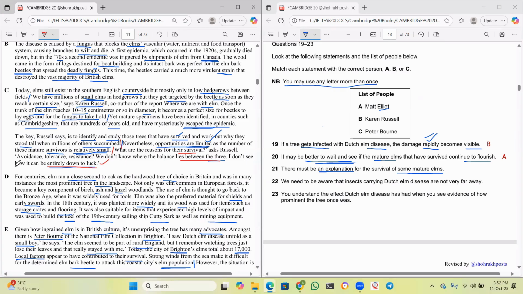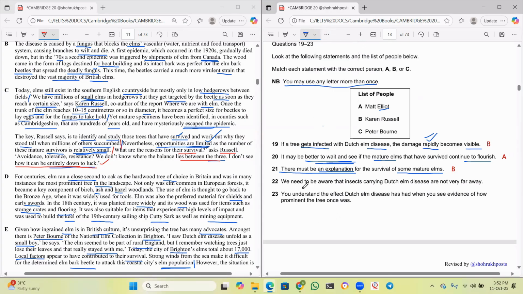You see this sentence and this sentence, they both are the same. They have just paraphrased it. You have to understand. Now this one is told by whom? Russell, right? Russell, where is this guy? Russell, B, right? Yes, B is our answer. Okay, done. That is good.